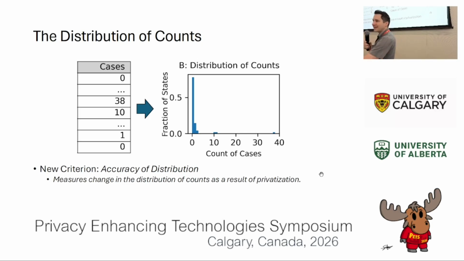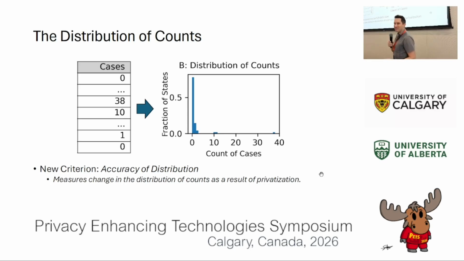Of course, I'm not saying that you would necessarily create this histogram as part of your analysis, but just that this is a representation of statistical information, information that we need if we want to get good answers to these count distribution questions. This suggests to us a different type of performance criterion. It's something we call accuracy of distribution. Unlike accuracy of counts, accuracy of distribution asks, what's the difference in this distribution of counts that we get as a result of privatization?